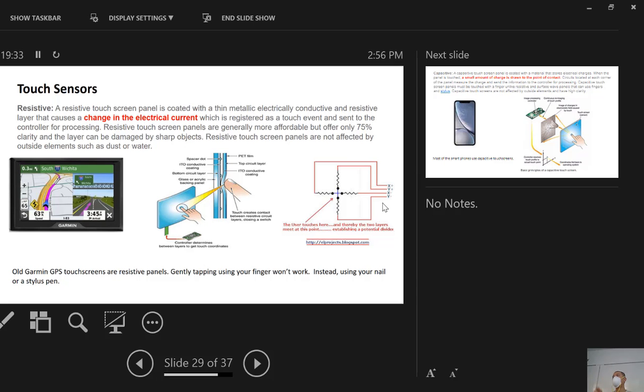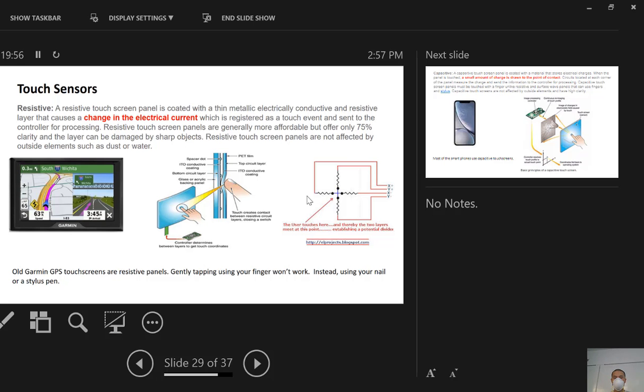That's why, if you just use your fingertip and slide like you do with your smartphone, it won't work on this resistive touch screen. So whenever you get a touch screen and you have to press hard to make the change, you can tell that's a resistive touch screen, not a capacitive touch screen.